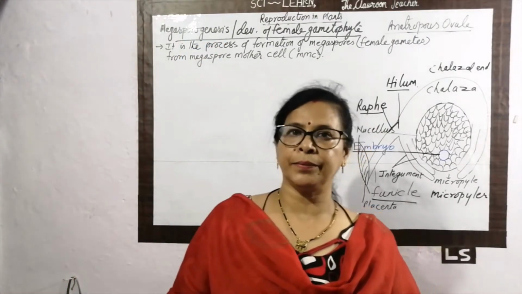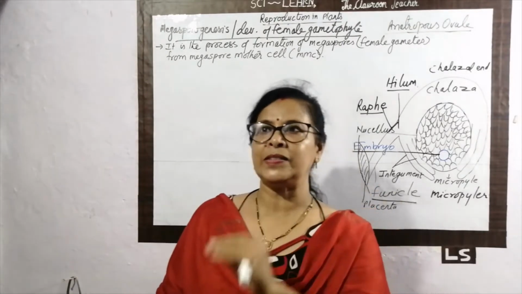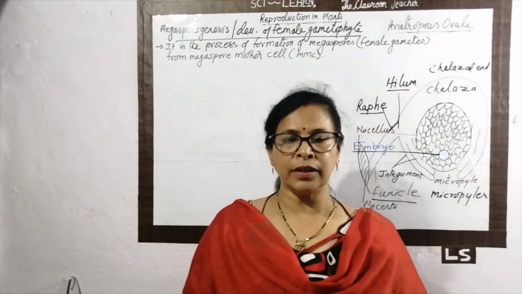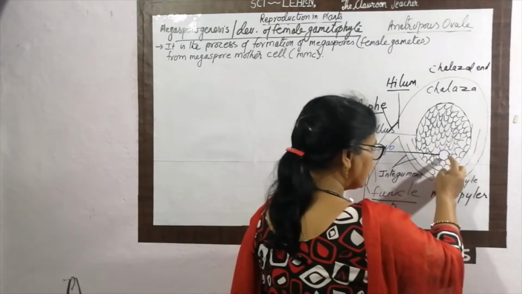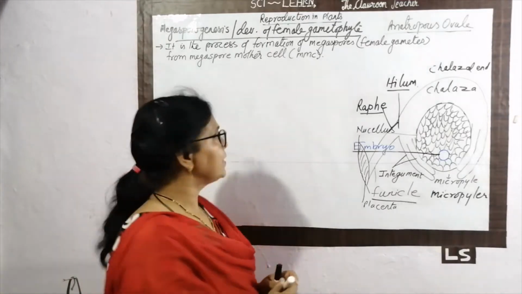Simple definition is here. In the ovule, the single megaspore mother cell, which is closer to the micropylar end region, gets enlarged. Look at here. This is the single cell which gets enlarged. So what happened in the ovule?